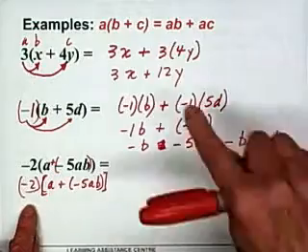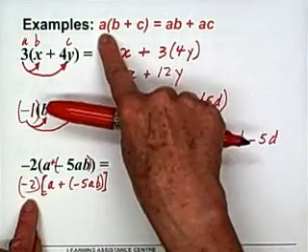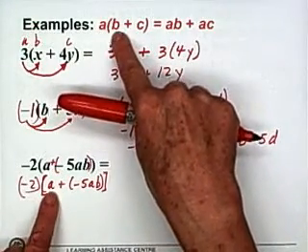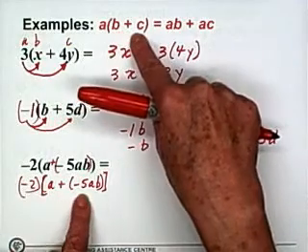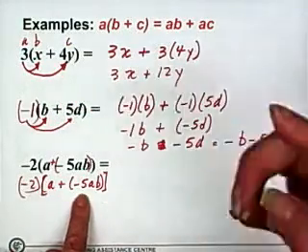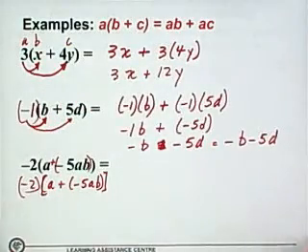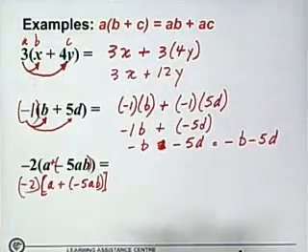So this again is our number which is in front, minus 2. Our b is an a, and our c is a minus 5ab. So then we just multiply through again. Check, make sure it looks okay.